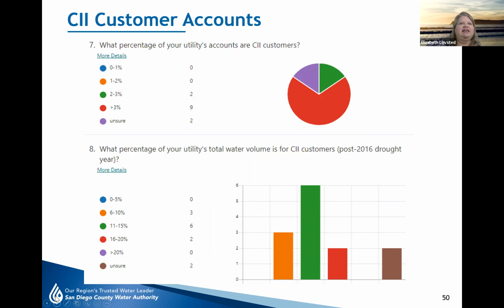Looking at this information, we want to make sure that whatever is required for CII is equivalent to how much water they're actually using, so we don't have so many requirements in CII that you're using a lot of resources to chase a little bit of water savings. Next slide, please.